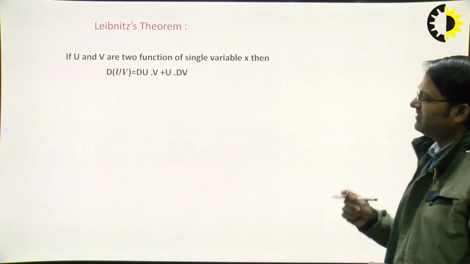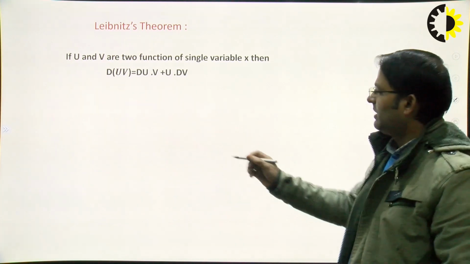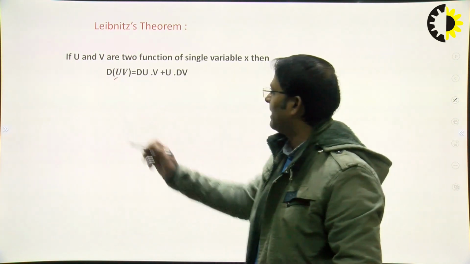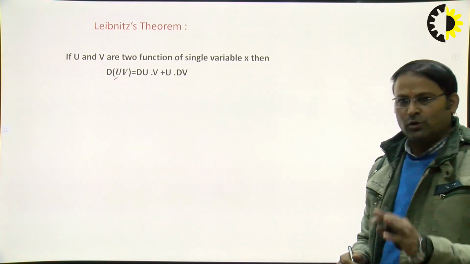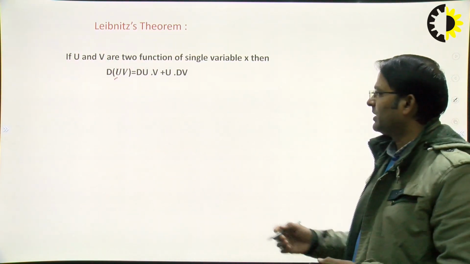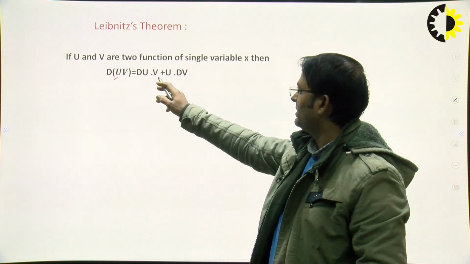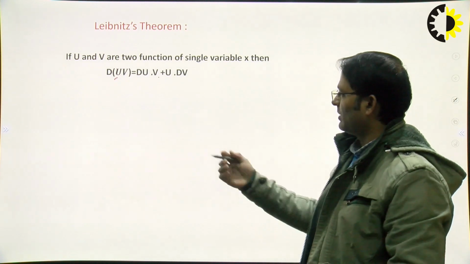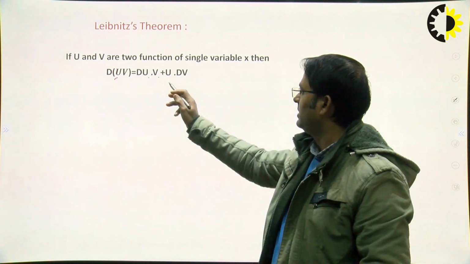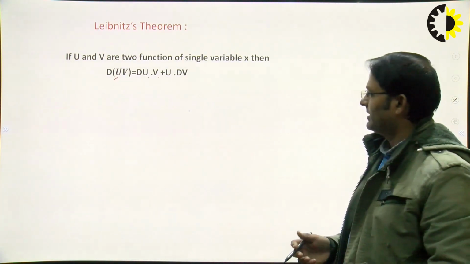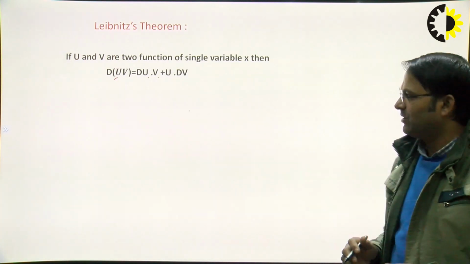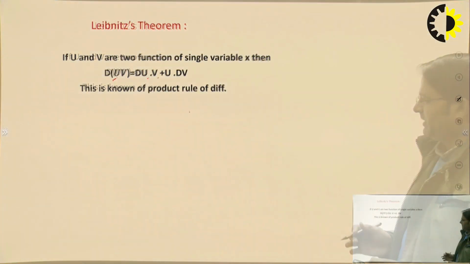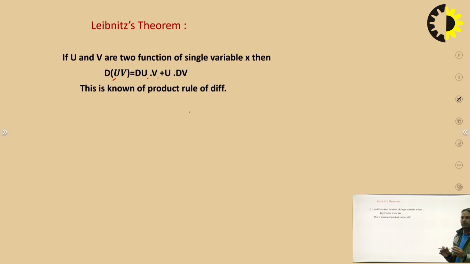The basic concept behind this theorem is this: if you take the first differentiation of the product of two functions, you keep v the same and differentiate u. Similarly, you take u the same and differentiate v. So this is the basic fundamental behind the differentiation of the product of two functions. This is the product rule, of course, we are aware of that.